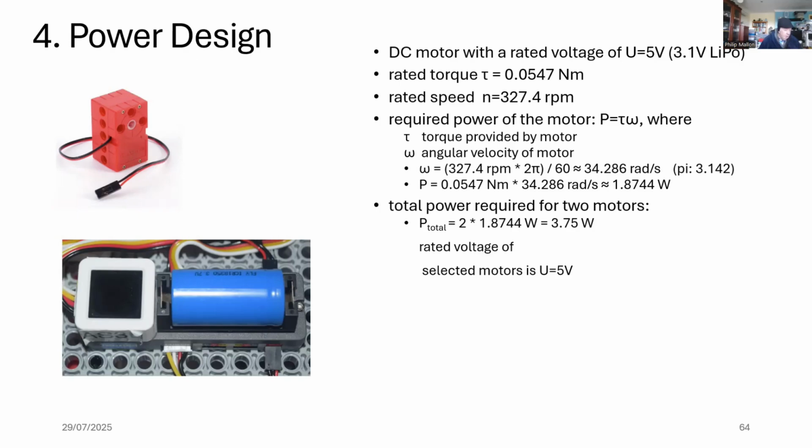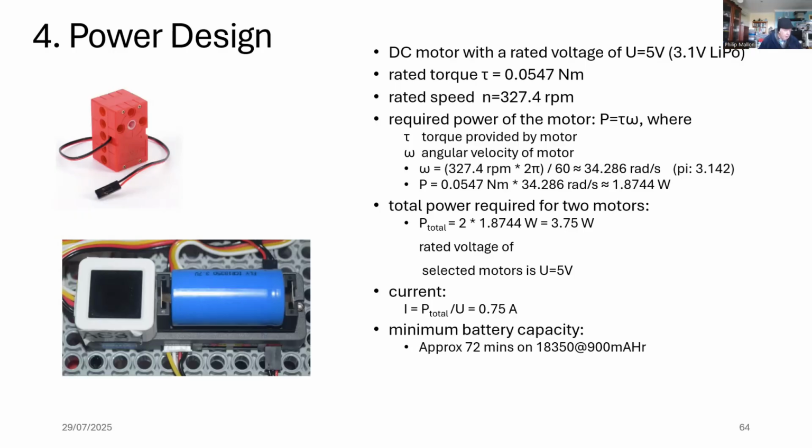And since we've got 5 volts, our current is going to be 0.75 amps. For our 900 milliamp hour battery, we can last 72 minutes. And that's our second design example.